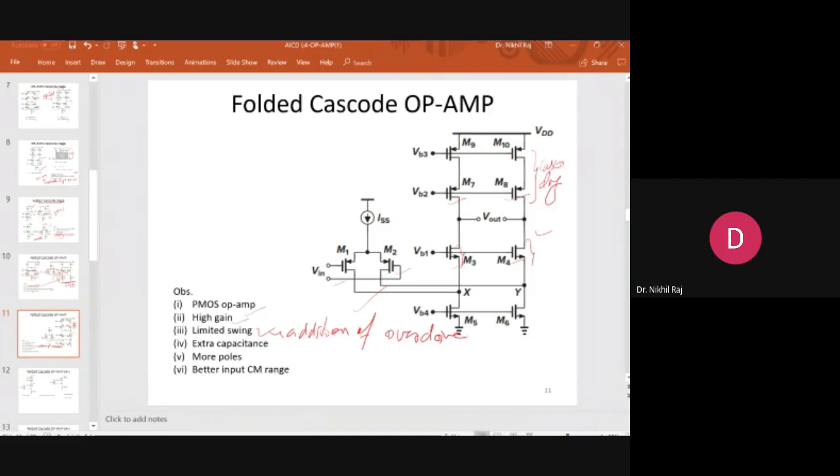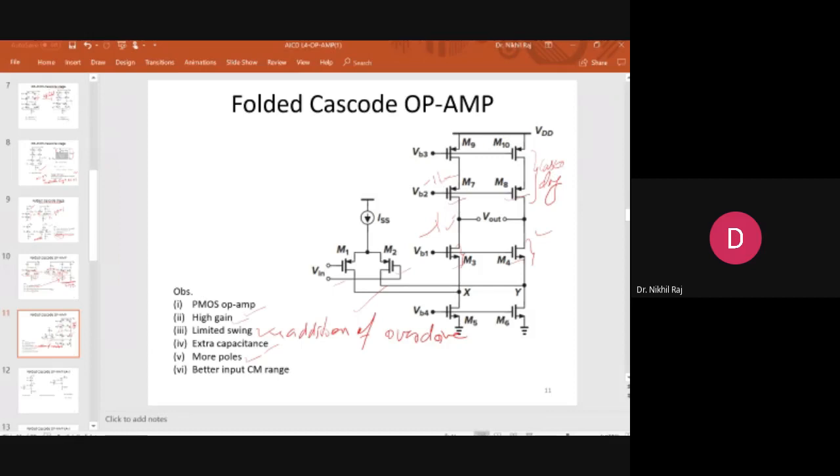And since we have attached extra transistors, definitely there will be capacitances formed. Due to this increased capacitance, there will be more poles, and more poles means the stability issue will again come into the picture, and we have to take care whether the system is stable or not. Fewer poles, more stable system.